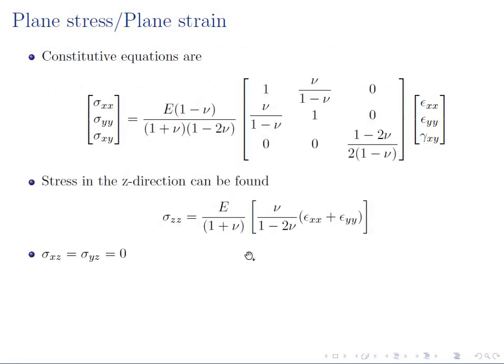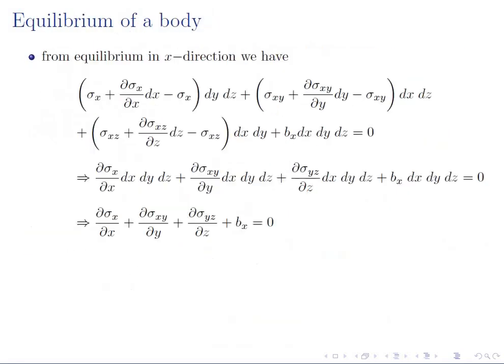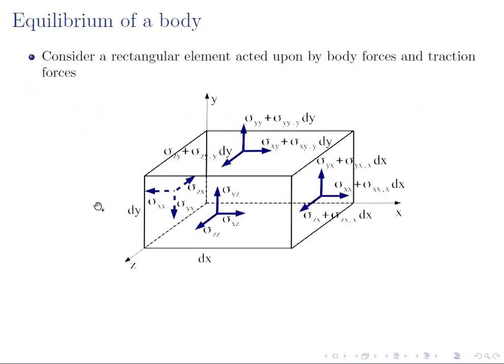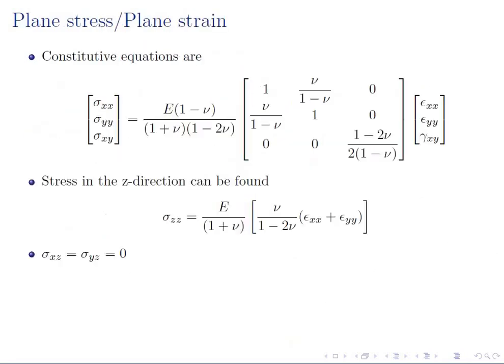The constitutive relations I can derive by simply putting epsilon zz and these components equal to 0, and I can develop a constitutive relationship which for the plane strain problem looks like this. So this is the stiffness matrix for the plane strain problem. Stress in the z direction is given by this particular equation.